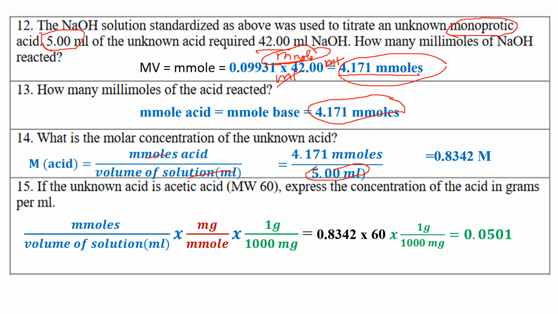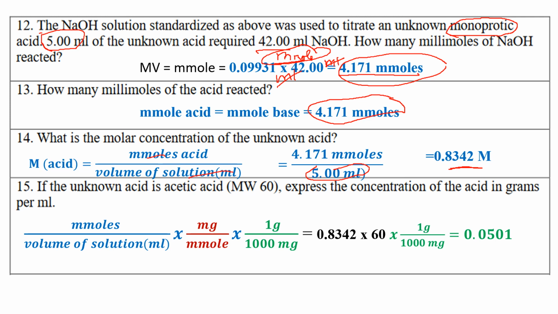So ito na yung sa acid, millimoles per ml. So molarity pa rin. Okay. Computing for the quotient, 4.171 divided by 5 will be 0.8342 molar or millimoles per ml.